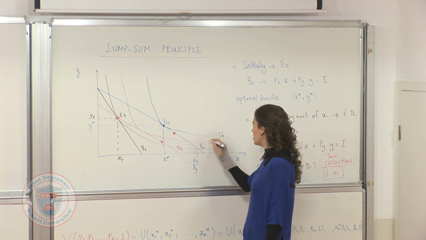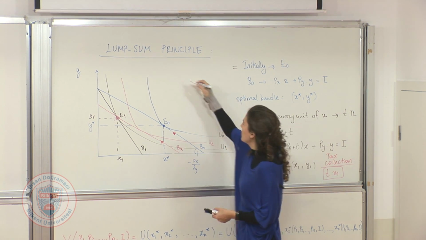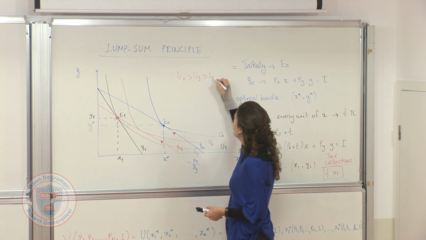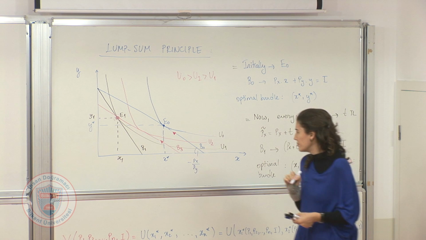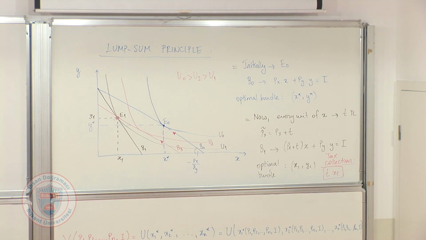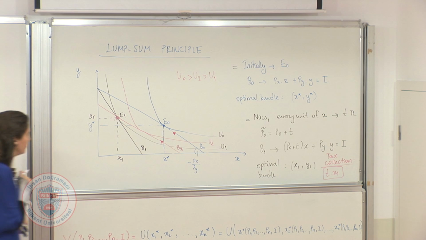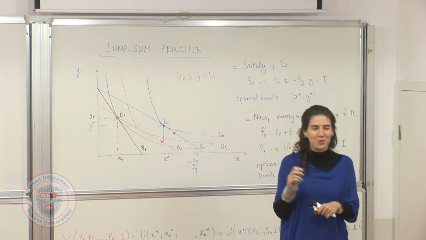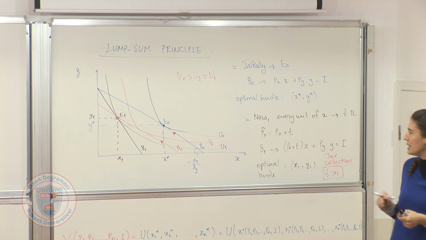So let's call this U2, along with U0 and U1, okay? Why did I call this B3? I should call it B2. Okay, so let's call this B2. I don't know why I jumped to 3, okay? So you see that this is B2.